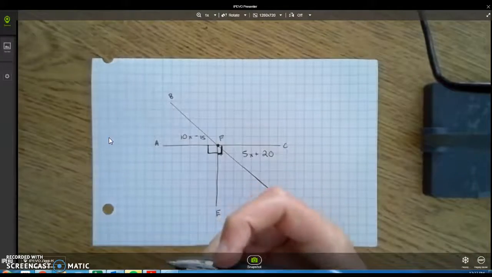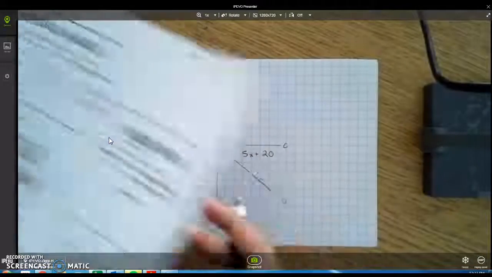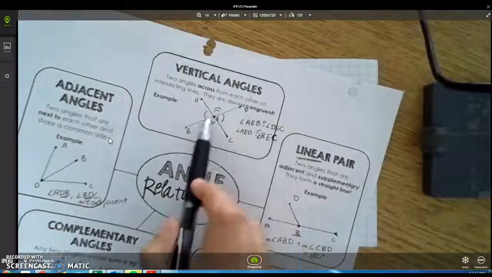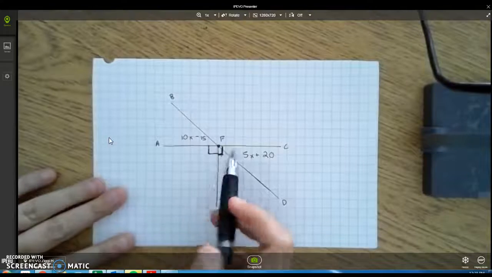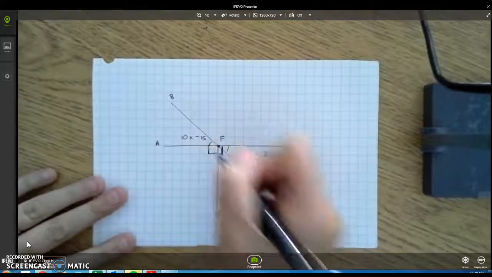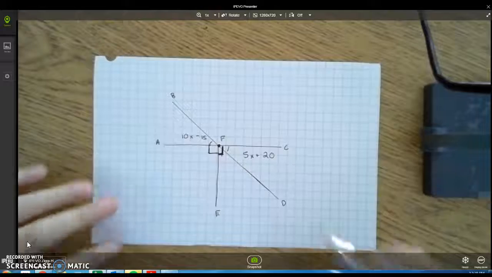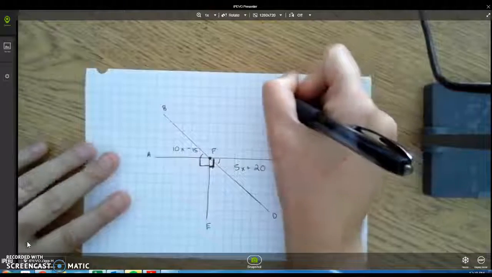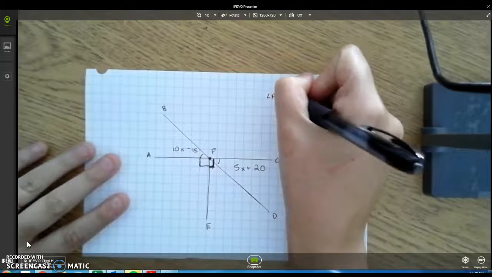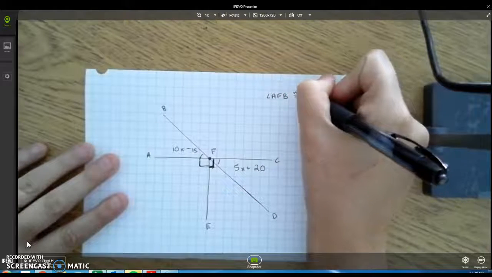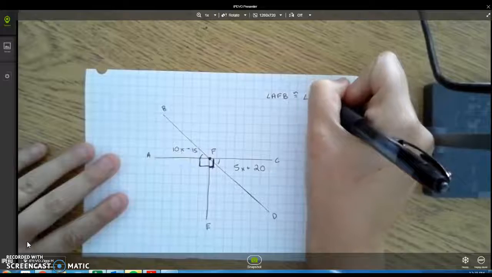So I'm going to start by going through my vertical angles. And as we just filled out, vertical angles are always congruent. So my vertical angles are the ones opposite each other. I can put my little lines there to tell me they're congruent if you want. And I'm going to start by writing angle AFB is congruent to angle BFC.